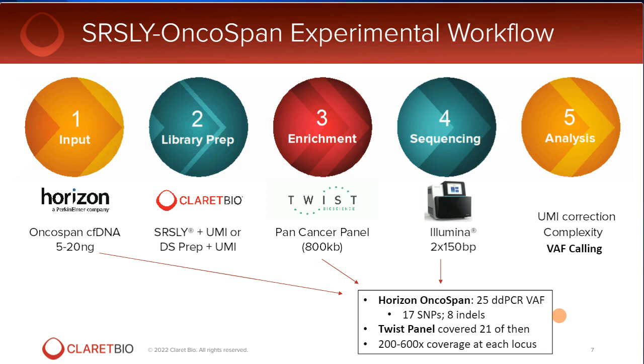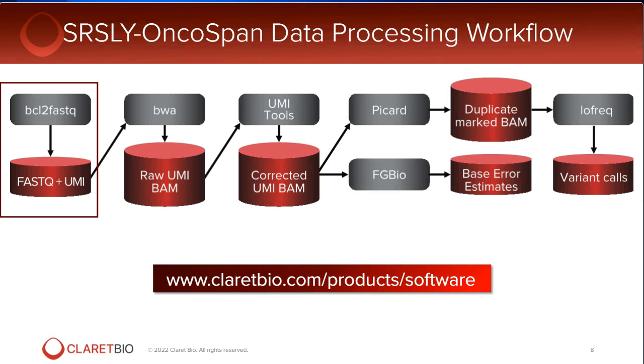But before we get to the variant allele frequency calling, before I even get to the data, I just want to show you the processing that we did. After the libraries were created and sequenced, this is the bioinformatic workflow that occurred in order to get all of our data.